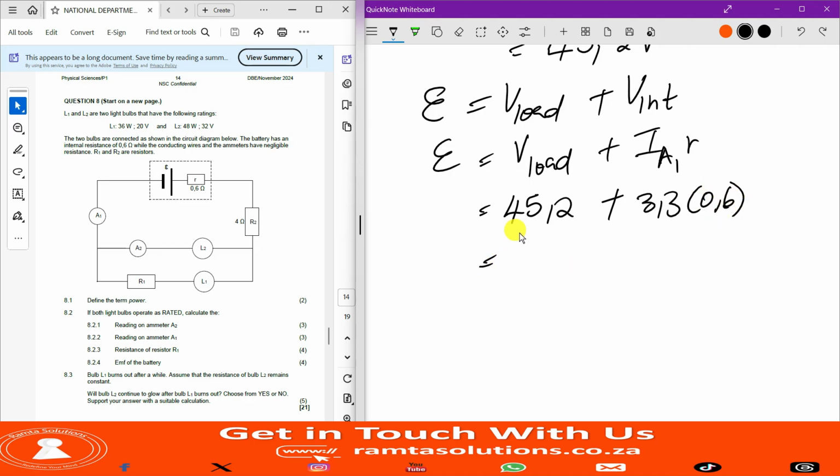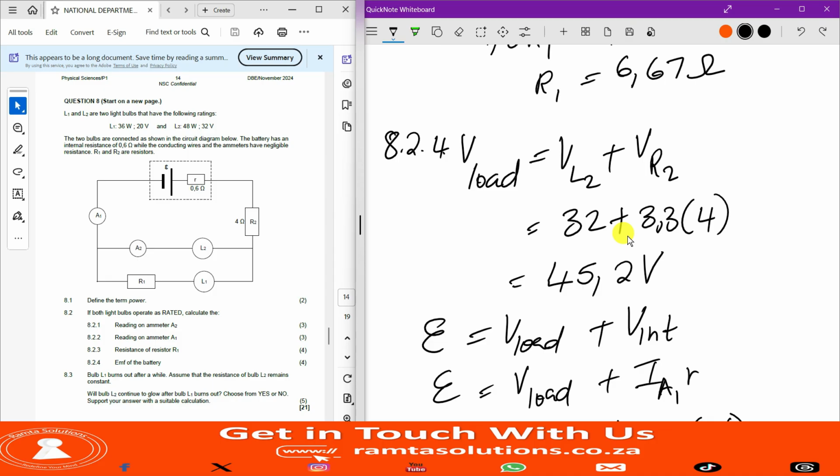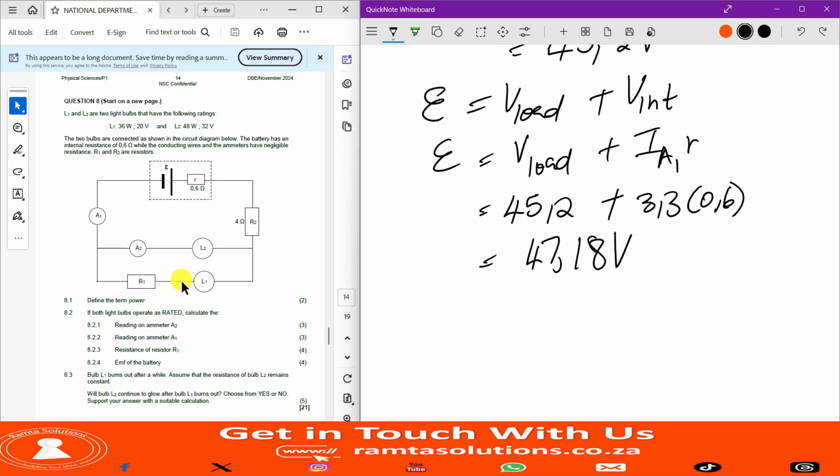Now we can therefore say the emf is 47.18 volts. I want you guys to look at it once again. You got it? Remember, V load is the sum of the potential of all the resistors in the external circuit. Perfect. Now we are good.